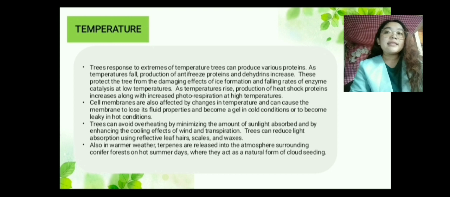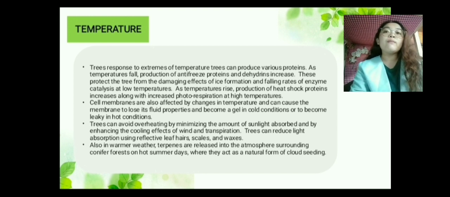Metabolic imbalance associated with temperature extremes results in the build-up of reactive oxygen species, which can be countered by antioxidant systems. Cell membranes are also affected by change in temperature and can cause the membrane to lose its fluid properties and become gel-like in cold conditions or become leaky in hot conditions.